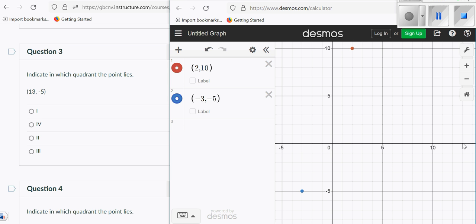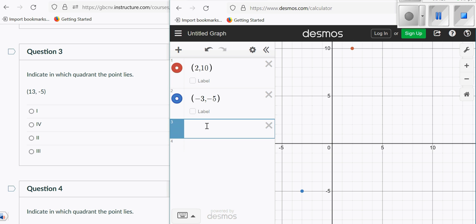So you have 13 here, and the -5 is right here. So it should be in the 4th quadrant. For the 4th quadrant, x is positive, y is negative. So 13 and -5, this would be our point, and that's in the 4th quadrant.